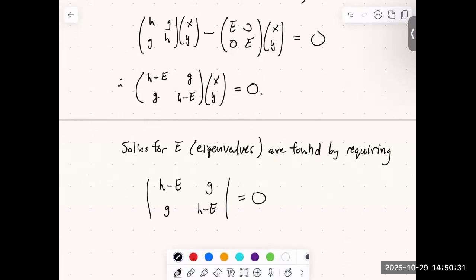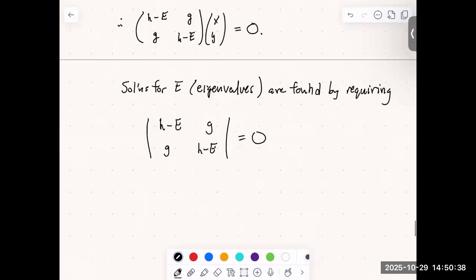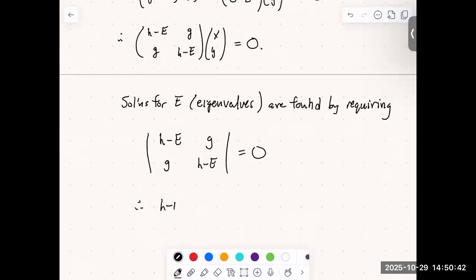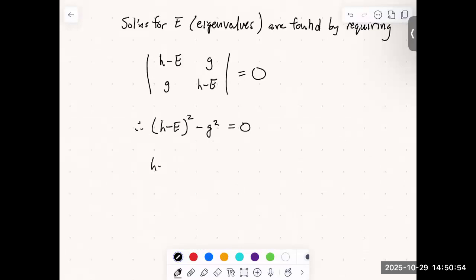The determinant is easy to calculate: this diagonal minus that diagonal. Therefore, we have H minus E squared minus G squared is equal to 0. That means H minus E is equal to plus or minus G. We can bring the G to the other side, take the square root, and then we get a plus minus.